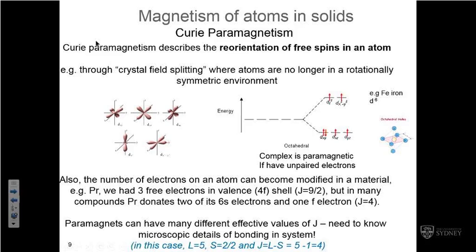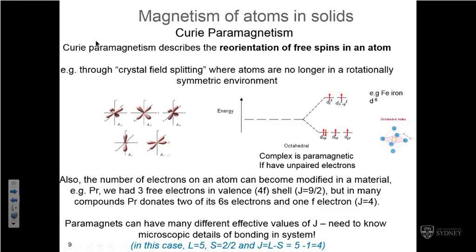And so the working that we did before to determine the spin and the angular momentum, in this case, is slightly different. Remember before we found that J equals 4? In this case, it's also equal to 4, but you obtain it in a different way. In this case, L equals 5.